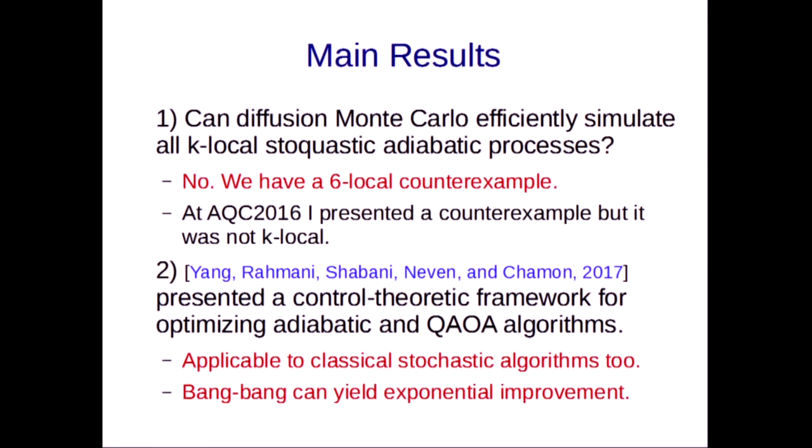So the second part of my talk is really based on a really neat paper that came out about a year ago by Yang, Ramani, Shabani, Nevin, and Shimon, which presented a control theoretic framework for thinking about quantum optimization algorithms, including both adiabatic optimization and these quantum approximate optimization algorithms.